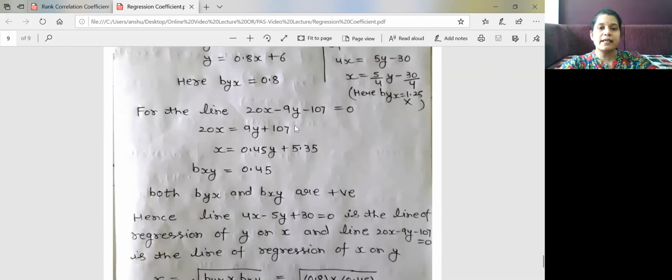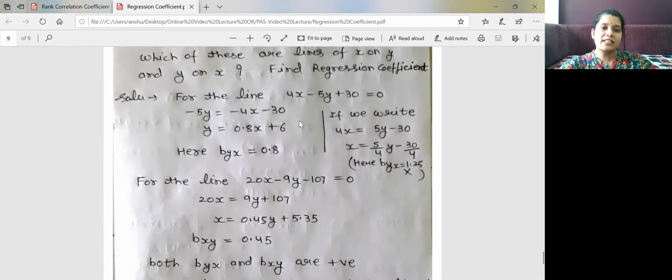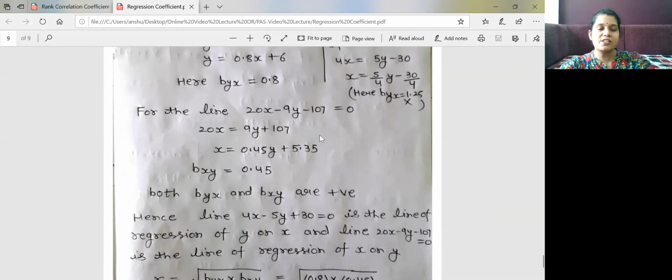For the second line, 20x minus 9y minus 107 is equal to 0. Because the first regression line is y on x, obviously this regression line is x on y. Got it? So here 20x is as it is and the other values we write on the right hand side. So 20x is equal to 9y plus 107. Dividing the whole equation by 20, x is equal to 9 by 20 y plus 107 by 20.